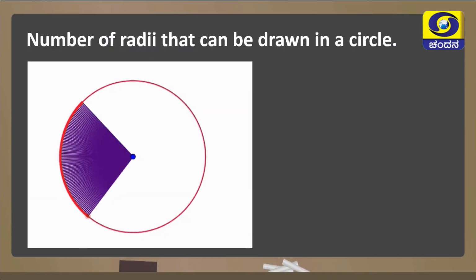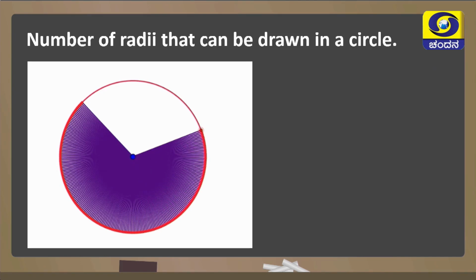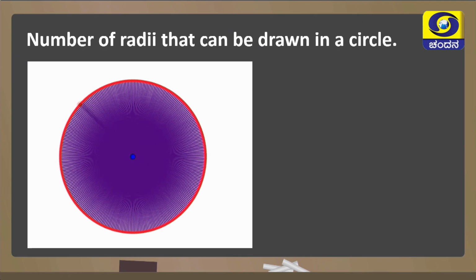At first we think that only one radius can be drawn, but if you observe how many points are there on the circumference, that number of radii can be drawn in a circle. The answer is an infinite number of radii can be drawn in a circle.